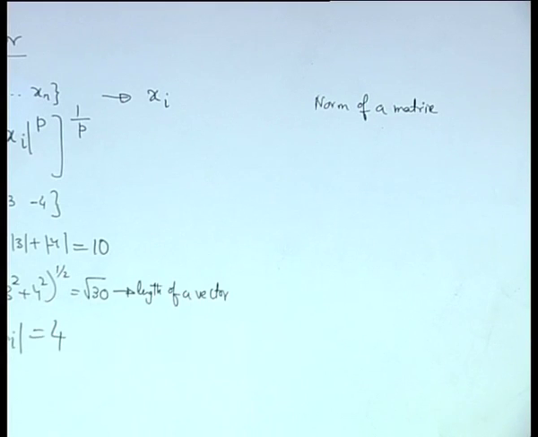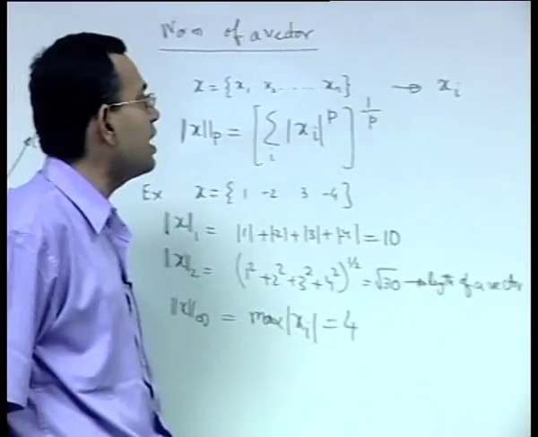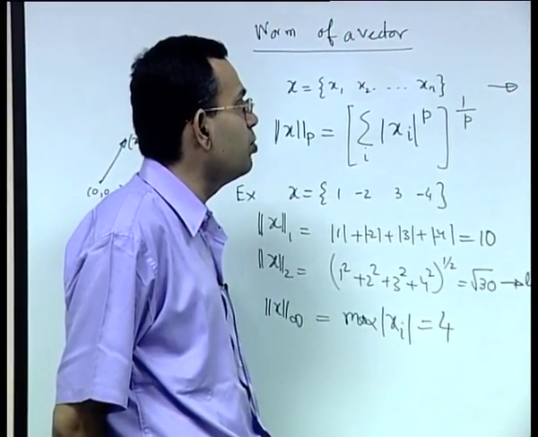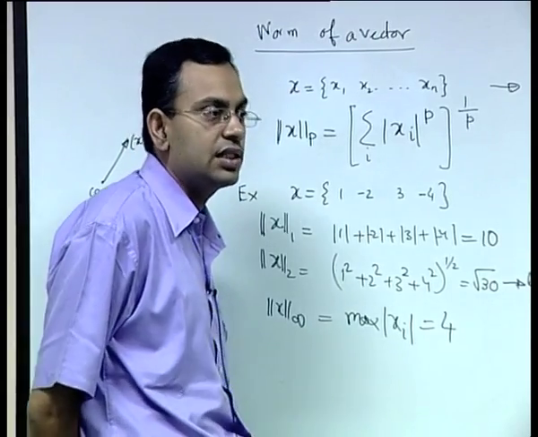You can clearly see that this definition of norm that we have seen for a vector cannot be directly extrapolated to that of a matrix, because a matrix is not a linear structure, or to be more precise, not a one dimensional structure like a vector.